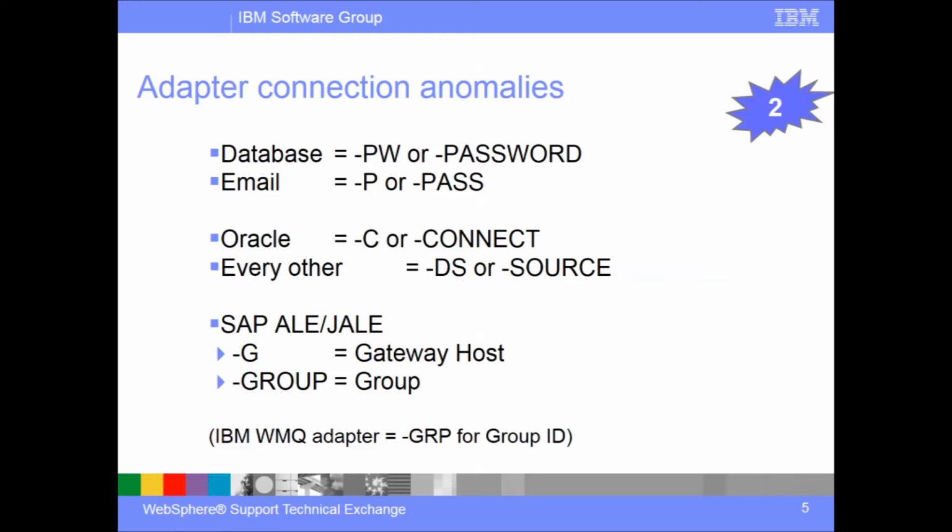Previously, and rather confusingly, -g was used for both. By the way, for the IBM WebSphere MQ adapter, -grp is used for group. I'll finish on this slide with a recommendation to check the documentation where possible for the correct adapter modifiers to use.